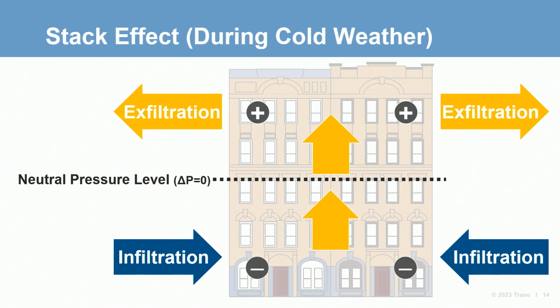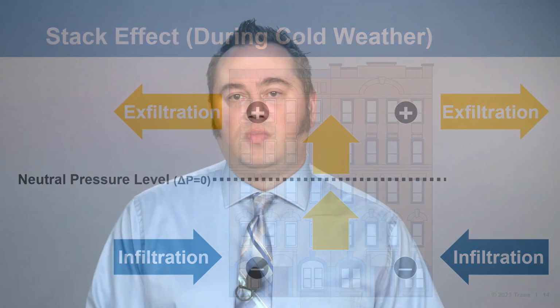During hot weather, the opposite occurs, but is less often noticeable because the indoor to outdoor temperature difference, and therefore the density difference, is not as extreme as during cold weather. Stack effect is usually insignificant in shorter buildings, but very important in taller buildings.